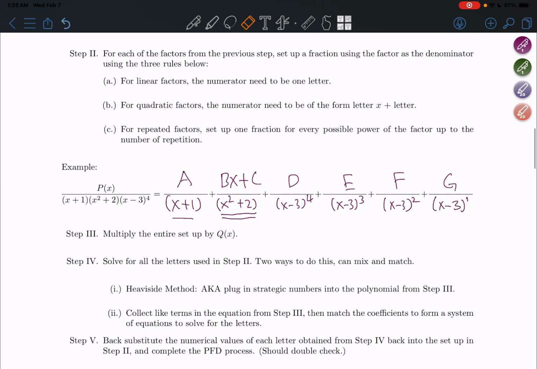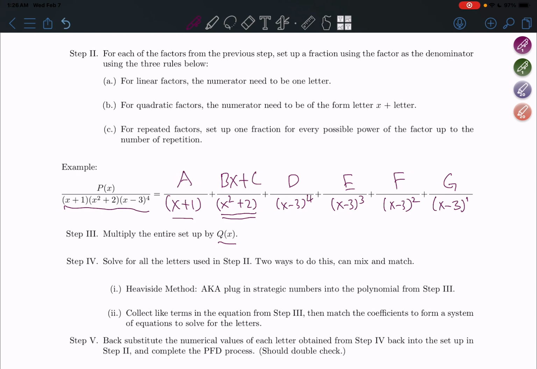Step number 3, as soon as you finish the setup, I'm going to take that entire thing from example 2, from step 2, and multiply by q of x, which is the original denominator.